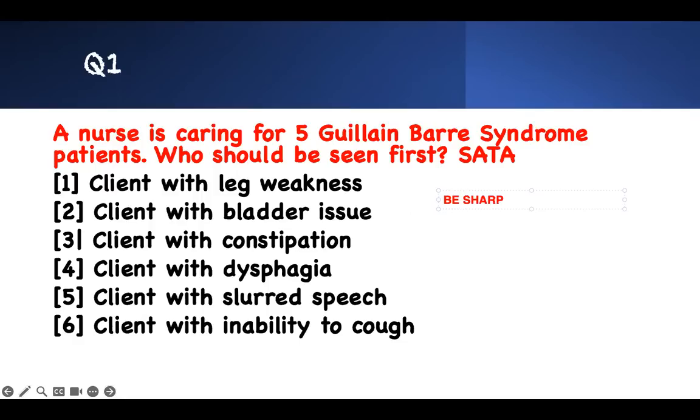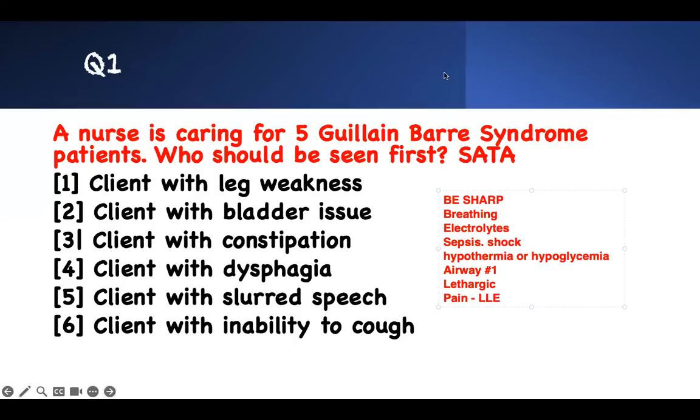It means you're taking care of somebody with a breathing problem, an electrolyte problem, sepsis or shock, hypothermia or hypoglycemia, or an airway issue, which is number 1. Somebody who is lethargic, somebody with pain associated with a threat to life or eyesight. Those are the patients you see first, and that is what being sharp means.